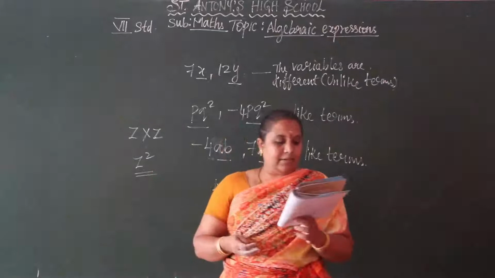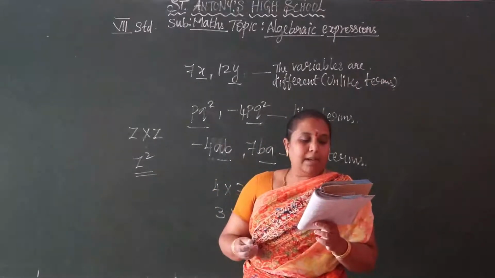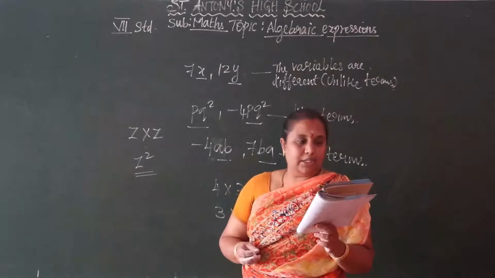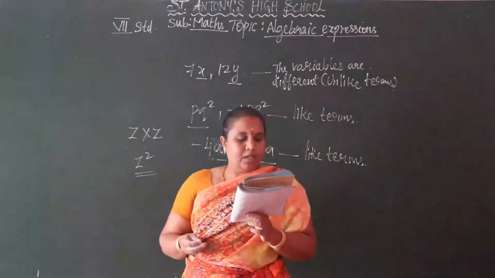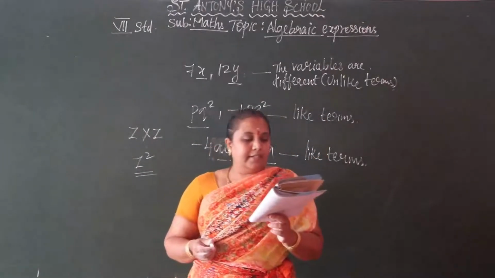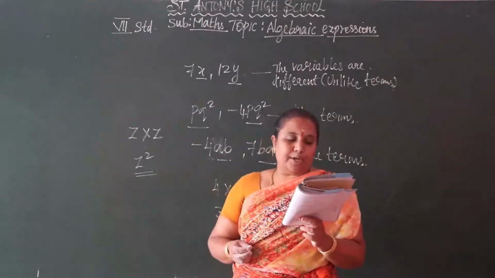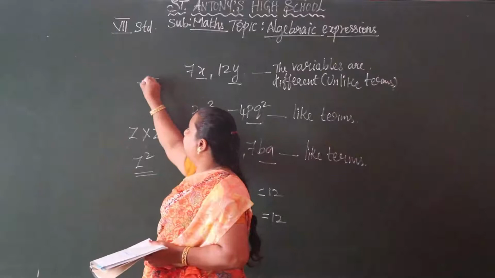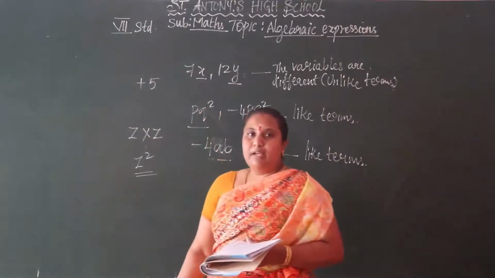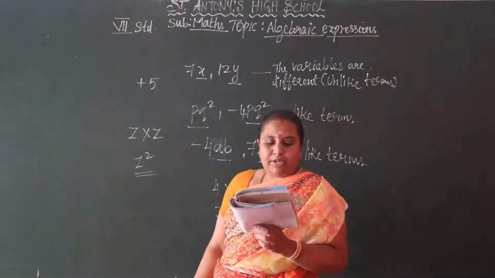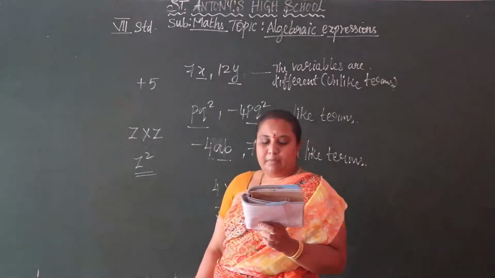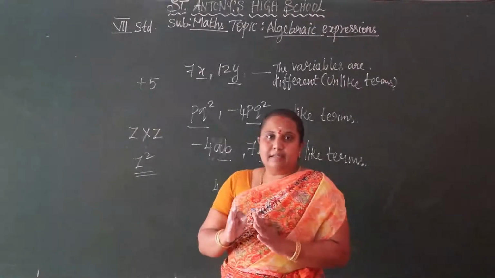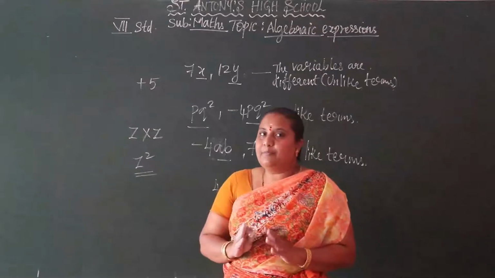Let us see one more. The sixth one, it is given in your textbook, page number 82. The number 5 is added to 3 times the product of the numbers m and n. So mn is a product.